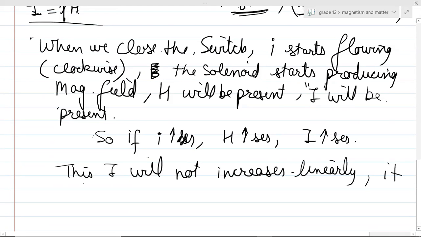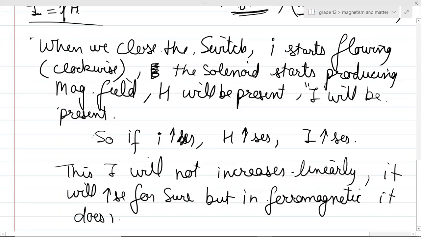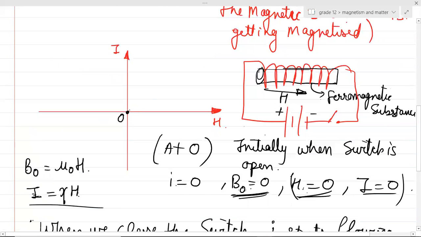It will increase for sure, but in a ferromagnetic substance it does not increase linearly. So sir, how does it increase? When we try to plot a graph between them, the graph looks somewhat like this.